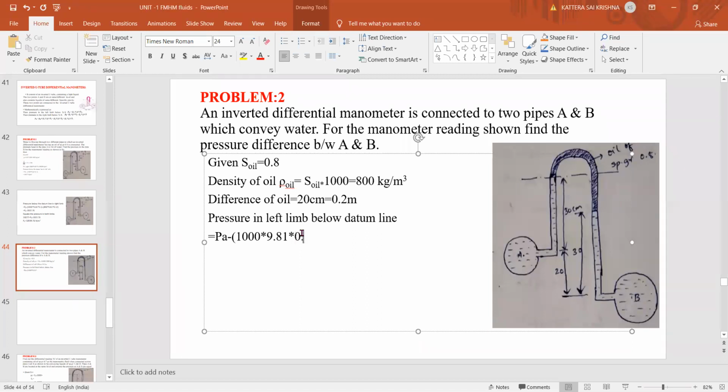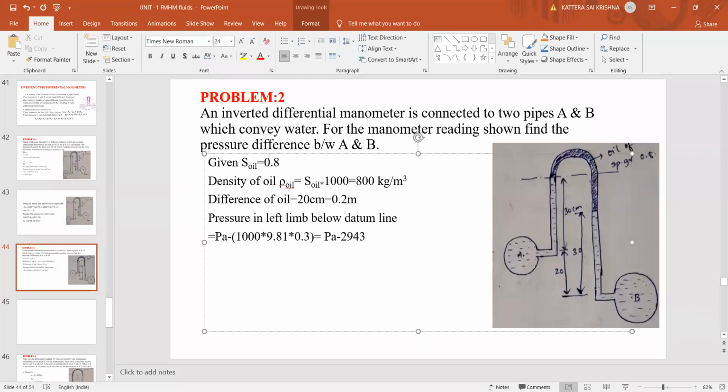Any other term available? No, sir. Right, that's all. So write PA minus, please calculate 1000 into 9.81 into 0.3, which is 2943.